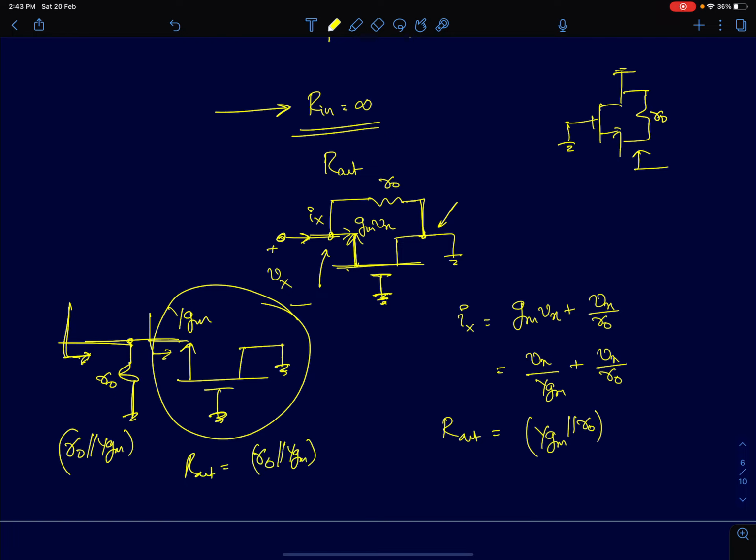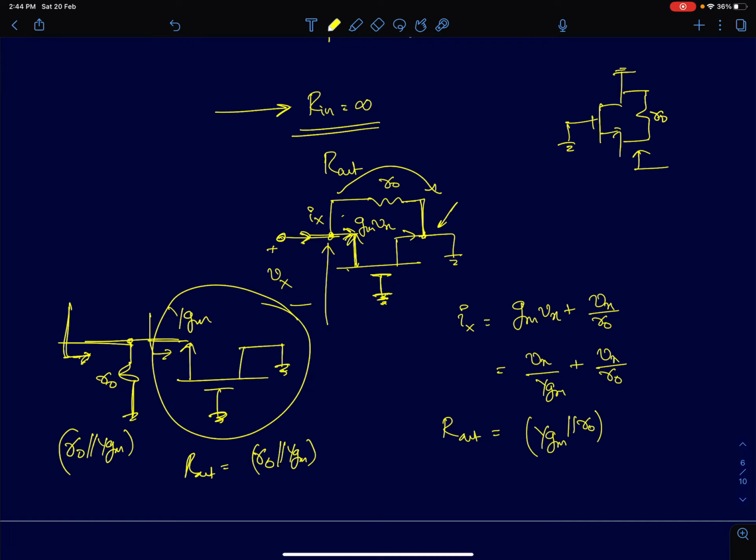Or you can directly show that by writing Kirchhoff's current law at the input node. At the input node, we have a current Ix, the input current. That is equal to two currents. We have GmVx, which is the current flowing from source to drain in the MOSFET, the small signal current. The other current is the current through R0.